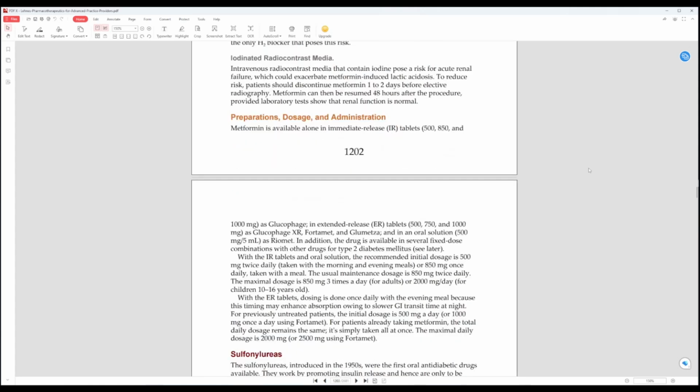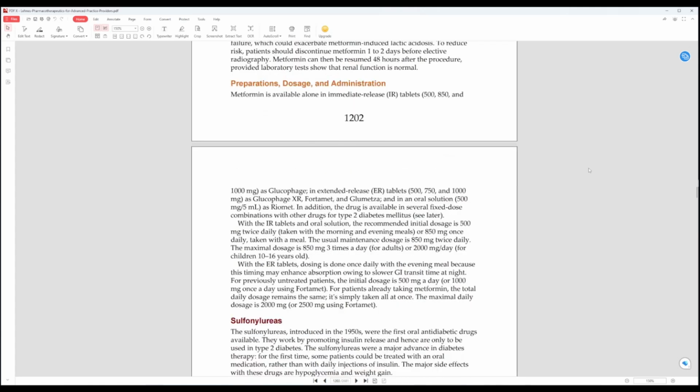Now, its preparation and dosage, as well as its administration. Metformin is available alone in immediate release tablets as Glucophage and in extended release tablets as Glucophage XR. The dosage is 500, 850, and 1000 milligrams in immediate release, and in extended release, that's 500, 750, and 1000 milligrams.